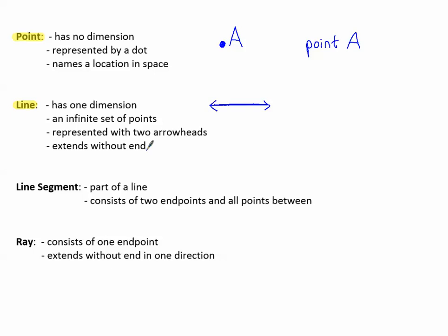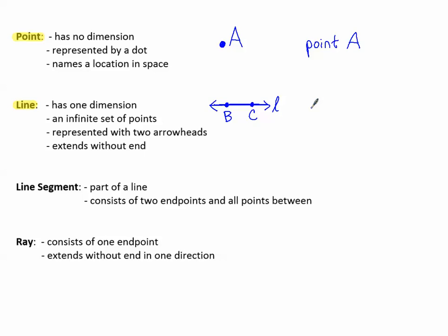We can name this line with a lowercase letter right next to the line, such as lowercase l, usually written in cursive script. If we want to name it by points on the line, I'm going to put some points on the line, and I'll label these points B and C. Since they're points, we label them with uppercase letters.